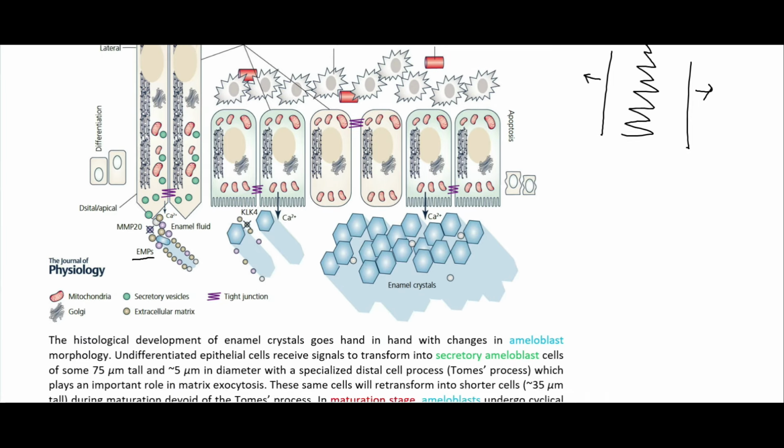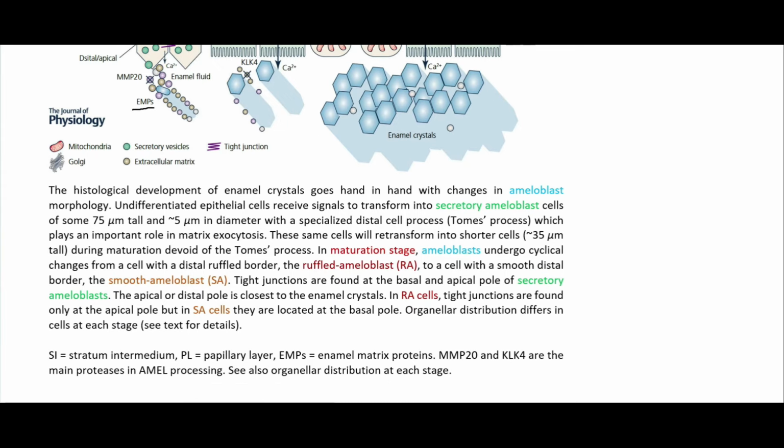And so I will read through here and talk about it as we go. The histological development of enamel crystals goes hand in hand with changes in ameloblast morphology. Undifferentiated epithelial cells receive signals to transform into secretory ameloblast cells of some 75 micrometers tall and 5 micrometers in diameter.